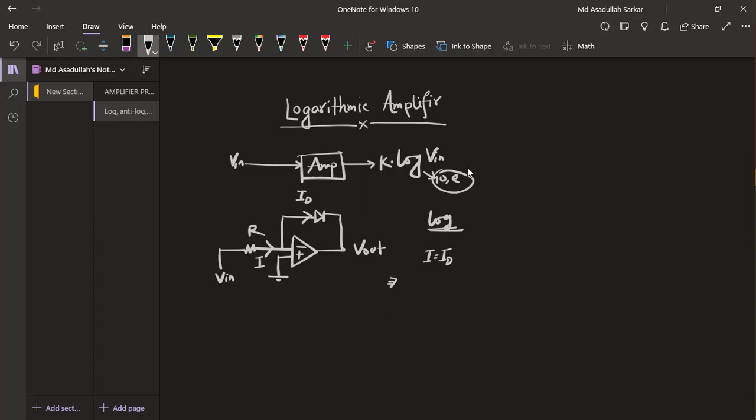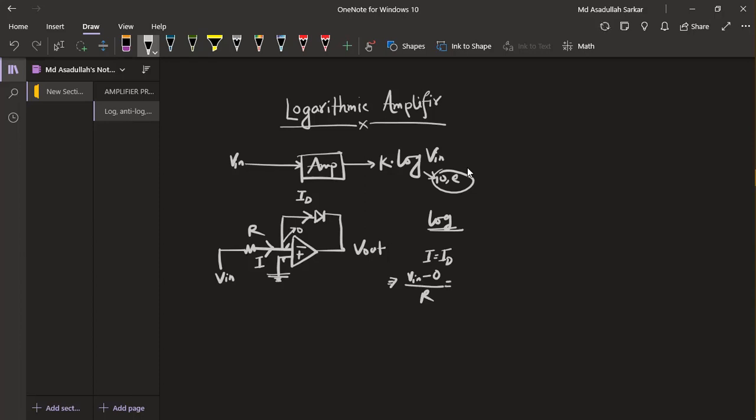The expression of I will be V input minus 0 by resistance R. Why 0? Because the voltage at the inverting input and the non-inverting input is the same, and as the non-inverting input is grounded, the voltage here will also be 0.